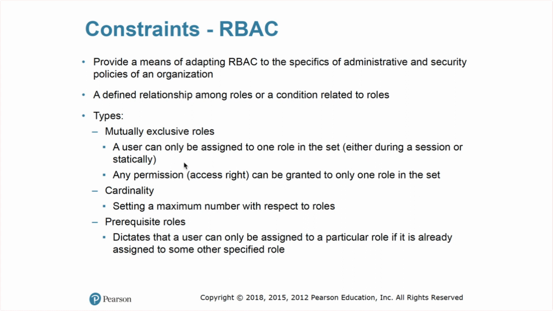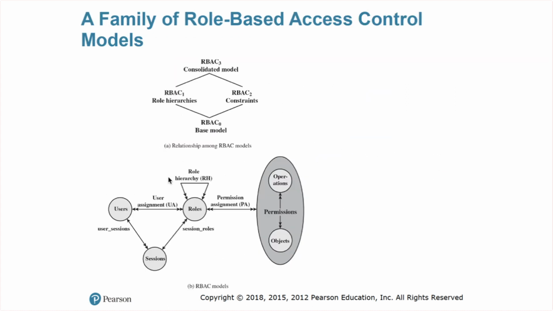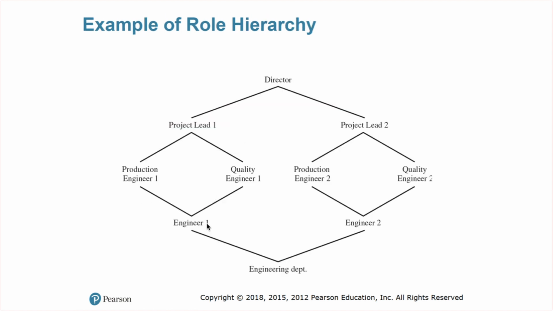As we see in this diagram, it could be a static user assignment, or an intermediate layer of sessions could be created, and then for specific sessions the user could have specific roles, and once the session is terminated, the permissions inherent in that role are gone.